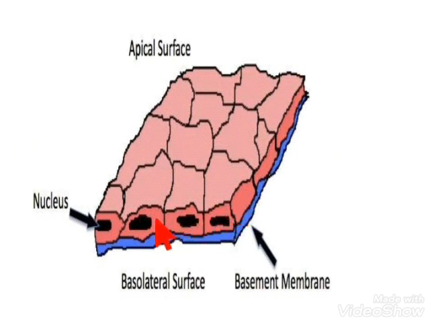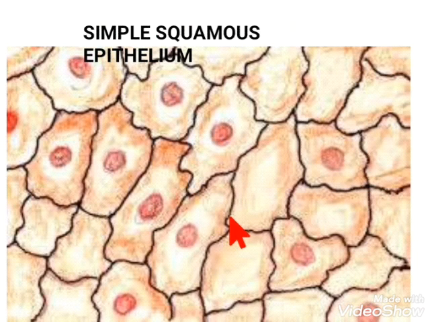You can see the nuclei of simple squamous epithelium. The nuclei of these cells are elongated and flat, and produce bulging on the cell surface. This is the simple squamous epithelium.